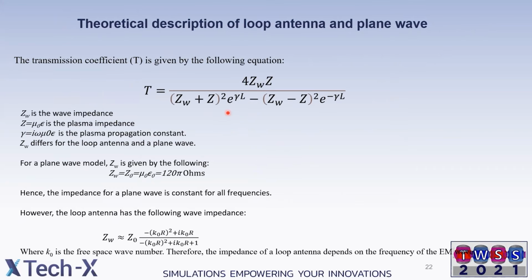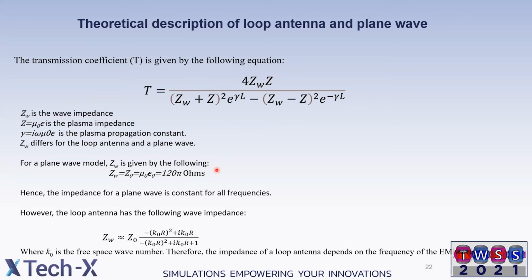And the important thing that you get out of this equation is that Z sub W is the wave impedance. So for a plane wave, that's a constant. It's 120 pi ohms. So the wave impedance of a plane wave is a constant. It never changes. Z is the plasma impedance.